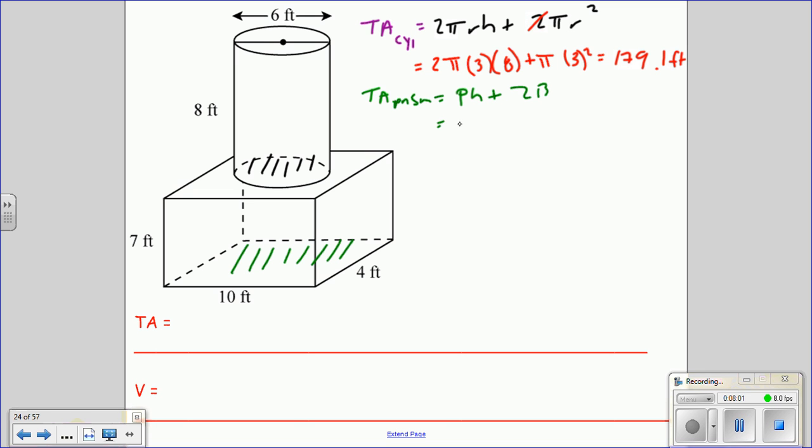So I would take 2 times 10 plus 2 times 4 for the perimeter of that prism, times the 3D height of the prism, which is 7.